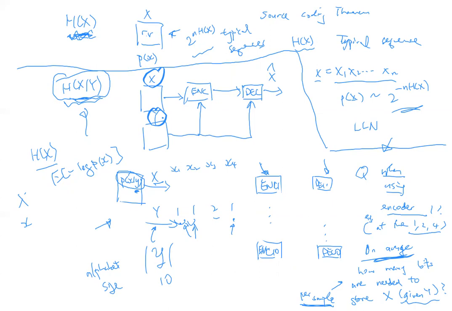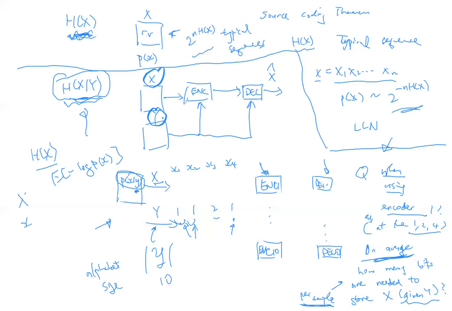And so we can just think of the forward argument. Basically, we can construct a scheme showing that as long as the number of bits available to store the samples on average is larger than H(X given Y), then we can compress and recover X losslessly.